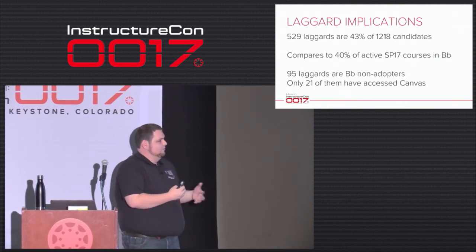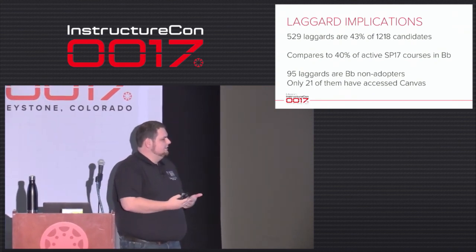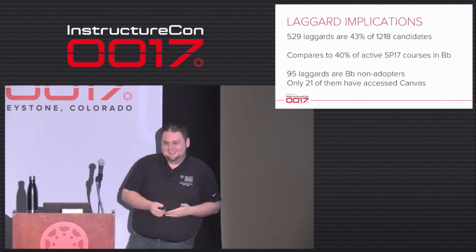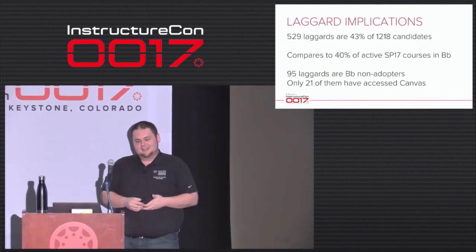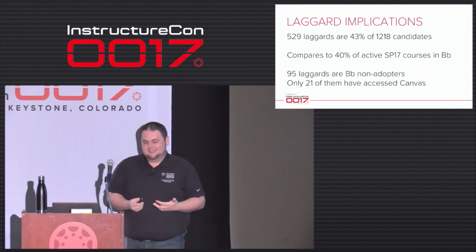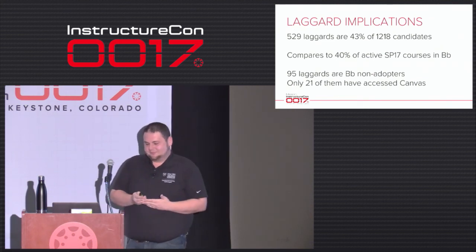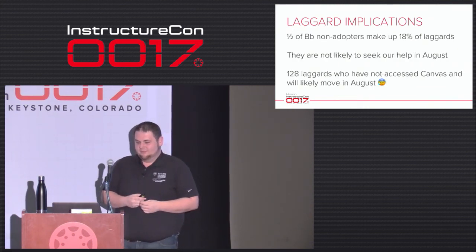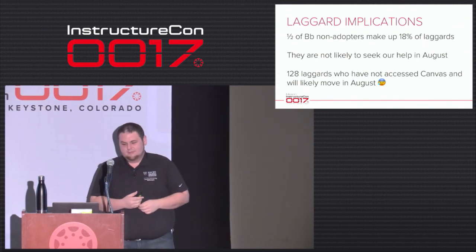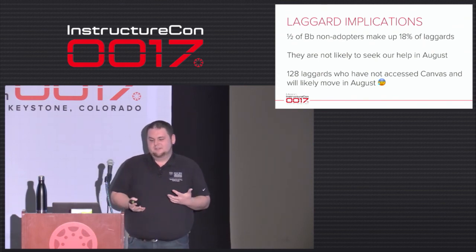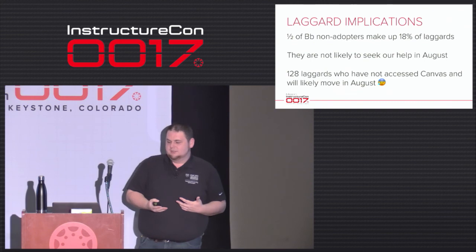95 of the Laggards were non-adopters of our old LMS. Only 21 of them have accessed Canvas. So the others are probably not very likely to be adopting Canvas in the fall. So almost 1/5 of the Laggards are non-adopters.